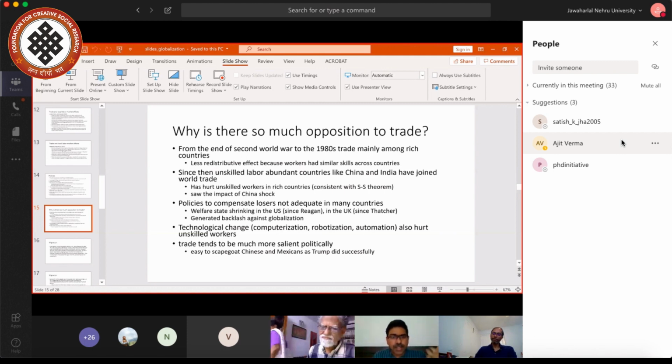The other aspect of the Stolper-Samuelson theorem is wage equalization across countries. That also I'm not finding very prominent. If you compare India with any OECD or other countries, that is also not the case.